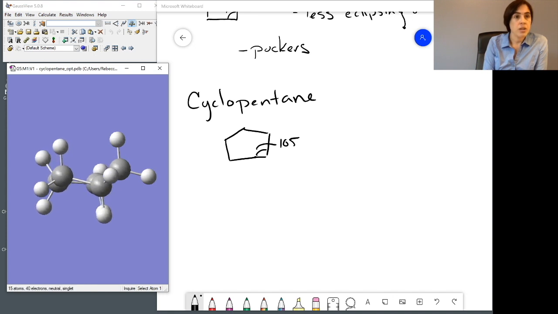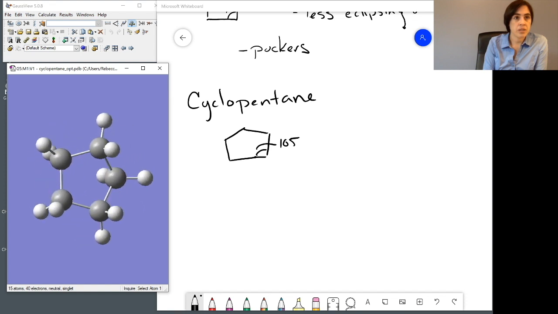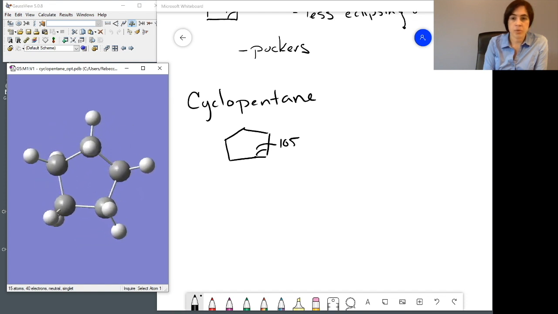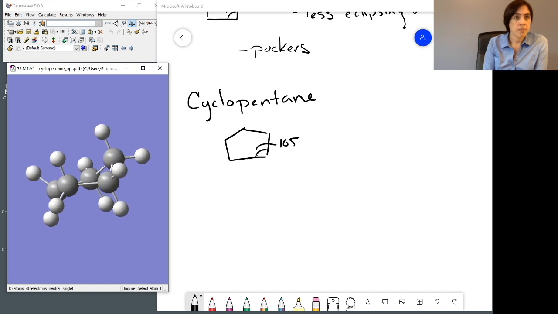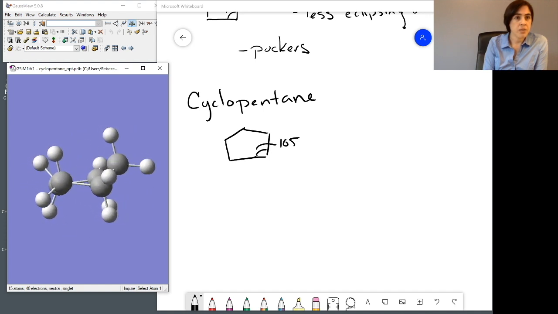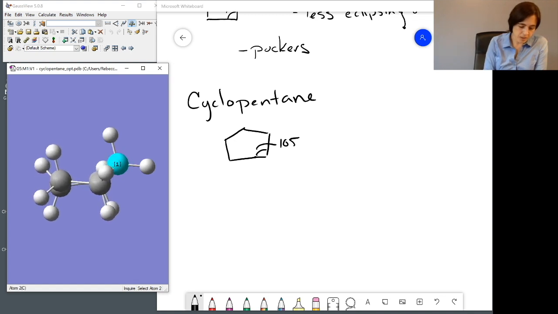So the cyclopentane will take on a conformation that looks something like this. So here you can see it kind of flat. This is what we would draw. And if we look at it from a side view, we can see that it takes on a puckered conformation where this one carbon kind of pops out of what could be thought of as a plane. This is called the envelope conformation of cyclopentane.